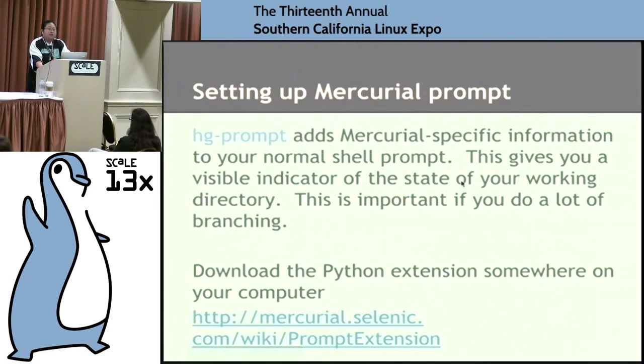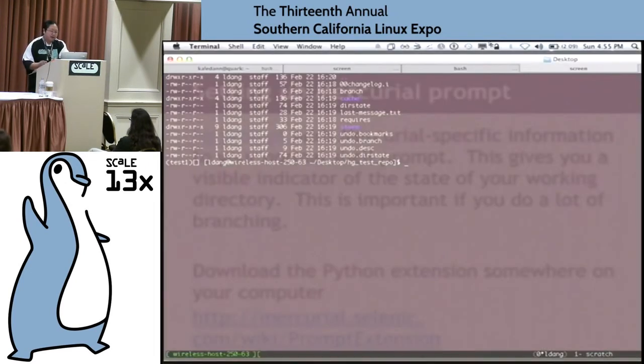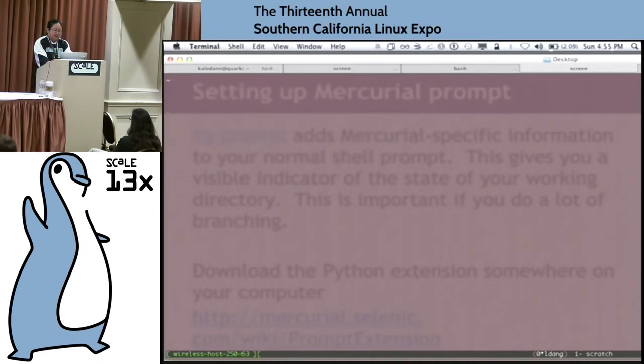The other useful thing, and I would recommend this whether you're using Mercurial or Git, is that you use some kind of extension that would change your shell prompt to give you an idea of the status of your directory. Let me see. So this is a Mercurial repository that I just set up right now. And you can see that there's some extra stuff in my prompt, and I'll show you how you can tell.